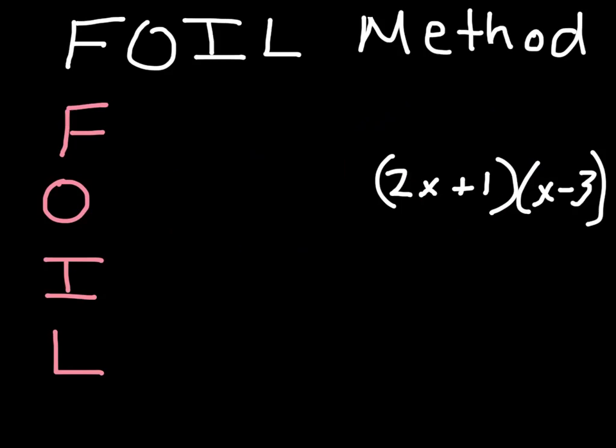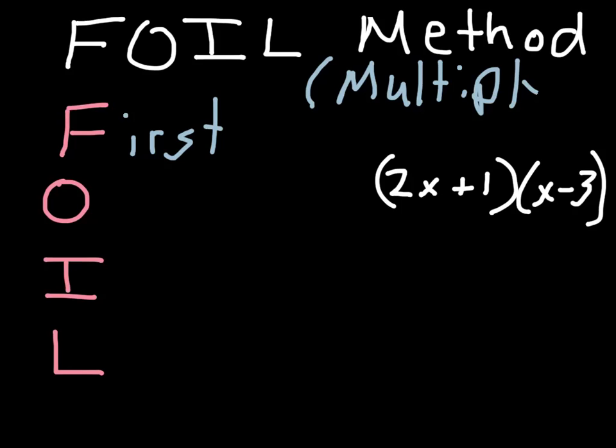The letter F stands for the first term. When we use the FOIL method, we've got to remember that it's all multiplication. When we say the first terms, we multiply the first terms, as you'll see in a little bit. So all you have to remember for now is the F stands for the multiplication of the first term.